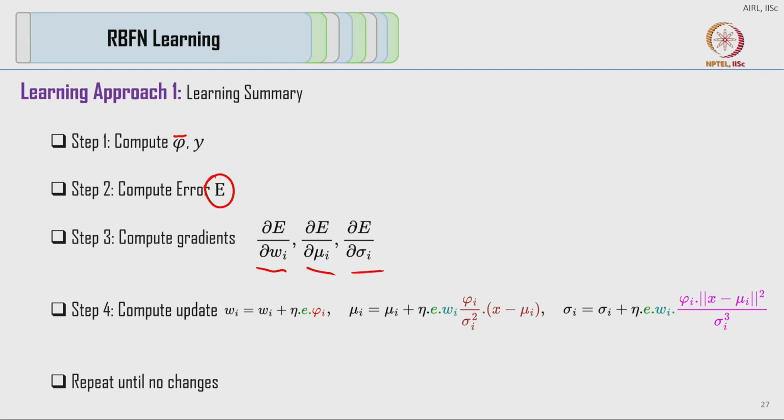I can keep repeating it till all the samples in the training data are presented, and again start from the first, do it again till convergence. Or I can use a block of samples. For a given batch of samples, I can compute φ and y, compute the error, compute the gradient and update. Okay.